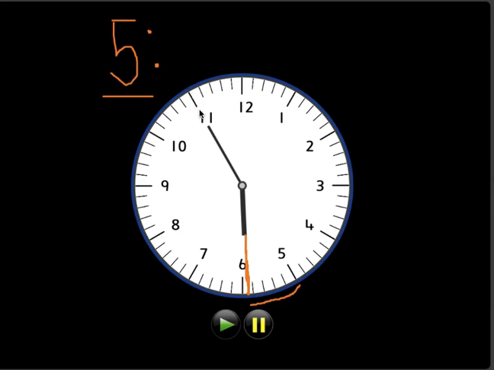How many minutes passed? 55. So the time that this clock is saying is 5:55. Or we can say it's 55 minutes past 5.